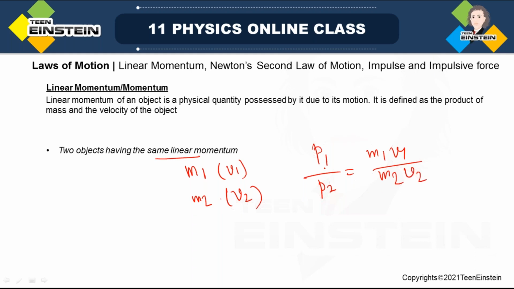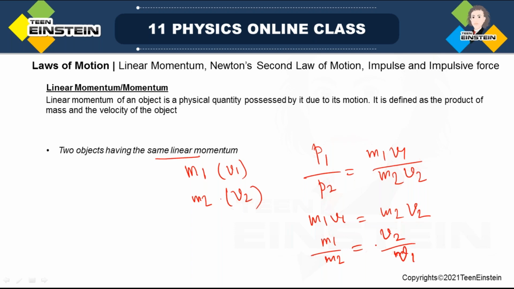Okay, so as I told, the momentum is same, so same momentum means p1 is equal to p2. Then I can write m1 v1 is equal to m2 v2. So from here I can write m1 by m2 is equal to v2 by v1.